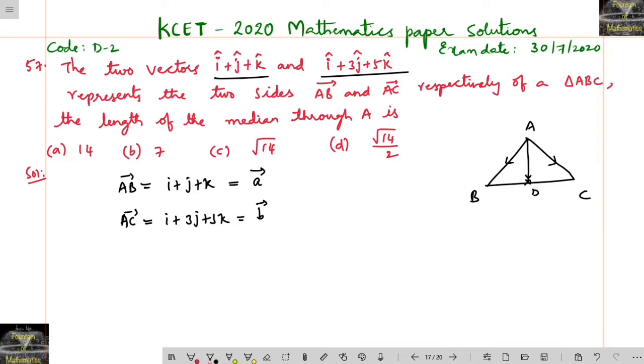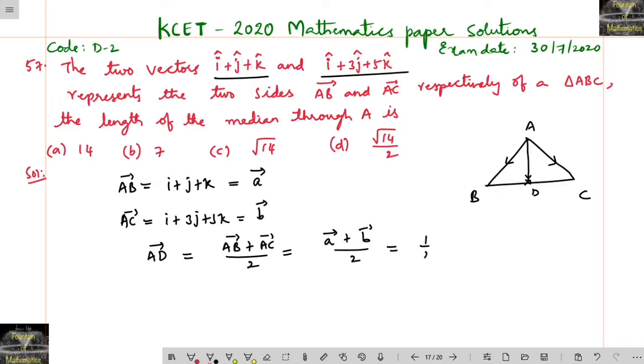Now we need to find the median. Since we know this is a midpoint, AD is nothing but AB vector plus AC vector upon 2. So that is vector a plus vector b upon 2.